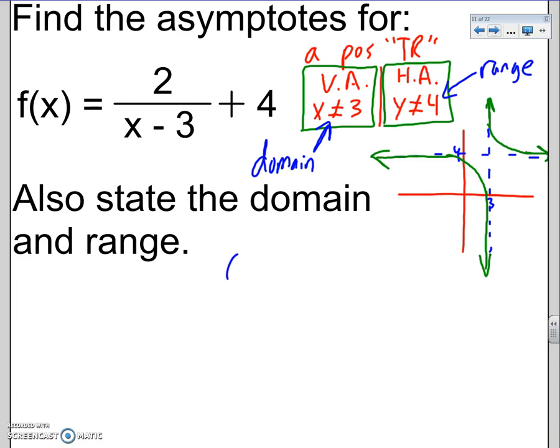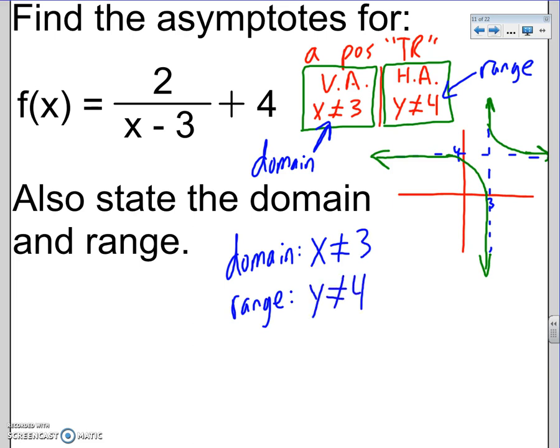So you could say domain is x can't be 3, and range is y can't be 4. Alright. Sometimes they even do a piecewise, or interval notation, and that's the better one.